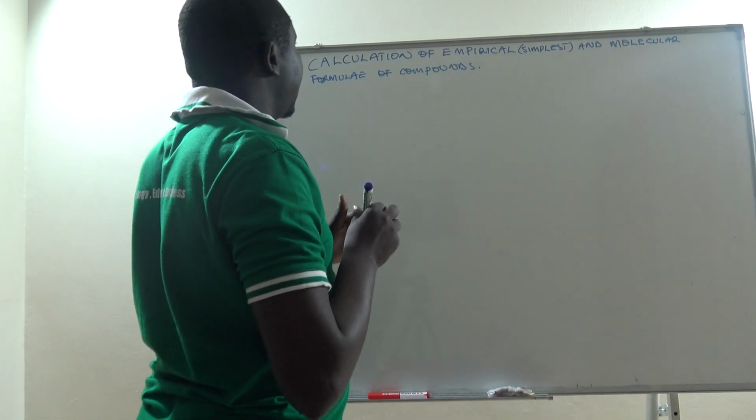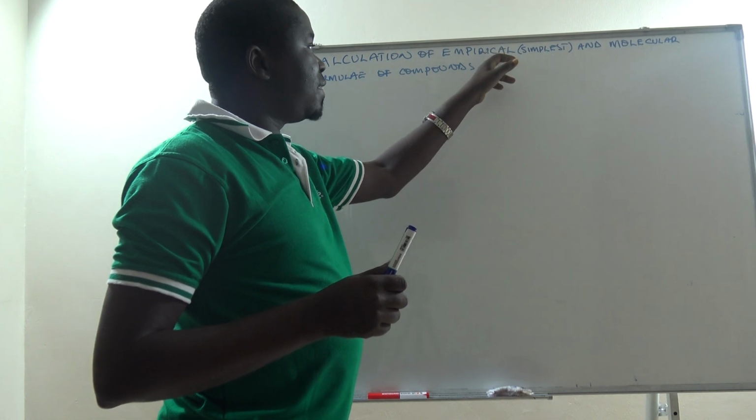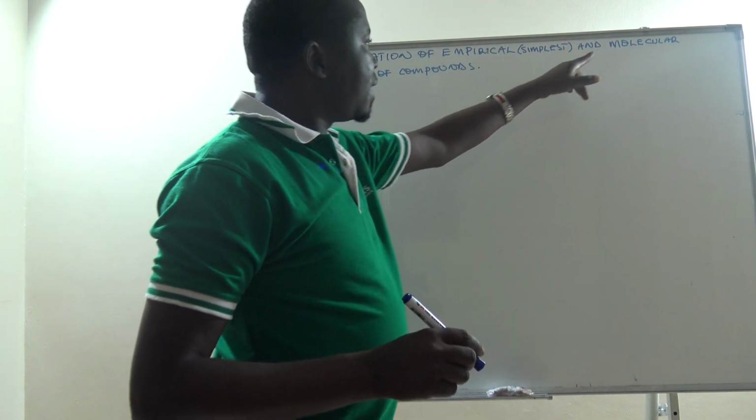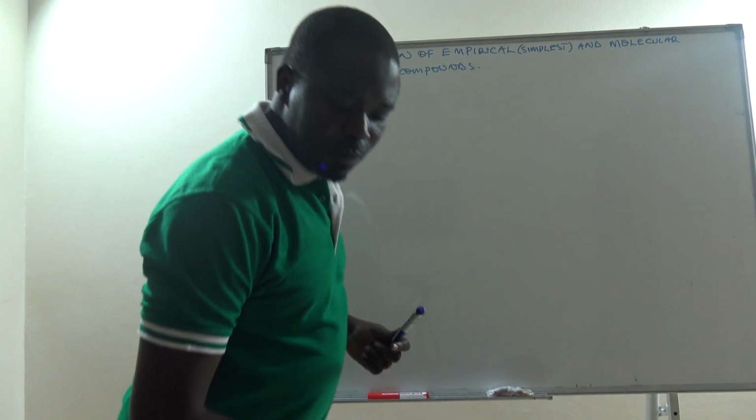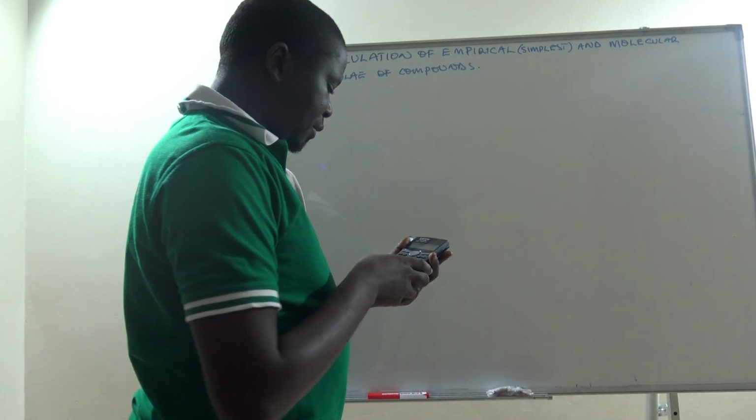So we are going to look at this, and we should know that these are two different things, the empirical formula and then the molecular formula. Can we look at some simple example?